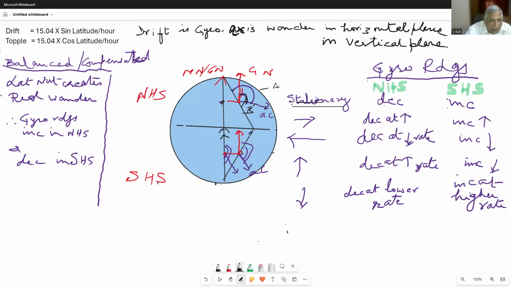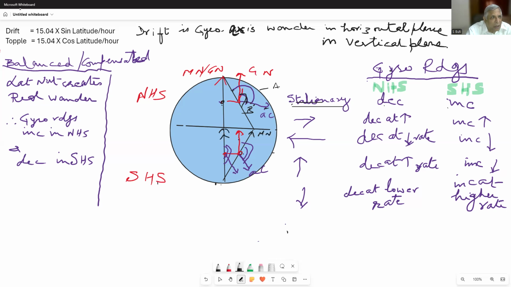Now this will be the magnetic north and this will be the gyro north. So gyro reading will be more than the magnetic compass reading, and we will say gyro readings will in the southern hemisphere increase. What is the rate of increase or decrease?